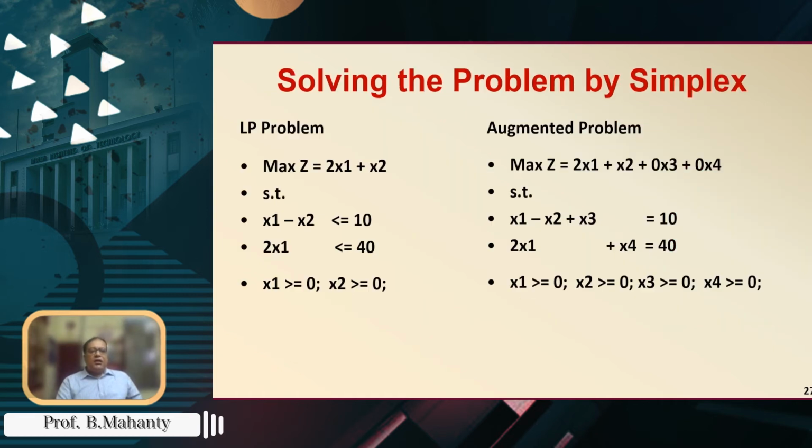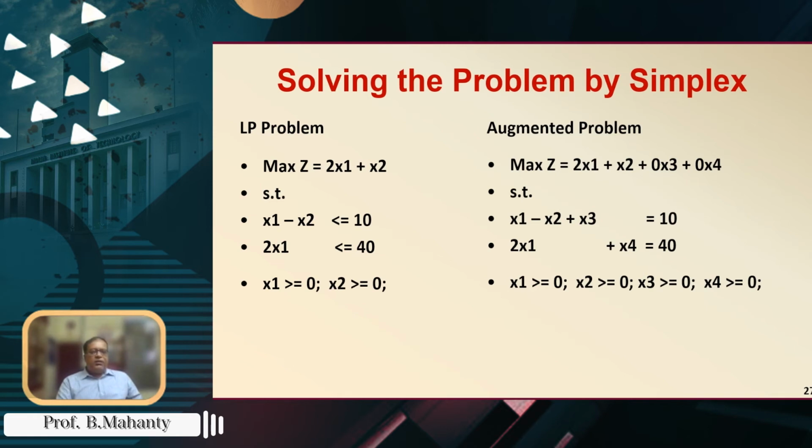Now let us see what exactly we can do about it. If we try to solve by simplex, the first stage is to have an augmented problem. So here is the augmented problem. We add slack variable x3 and slack variable x4 in the two different constraints.